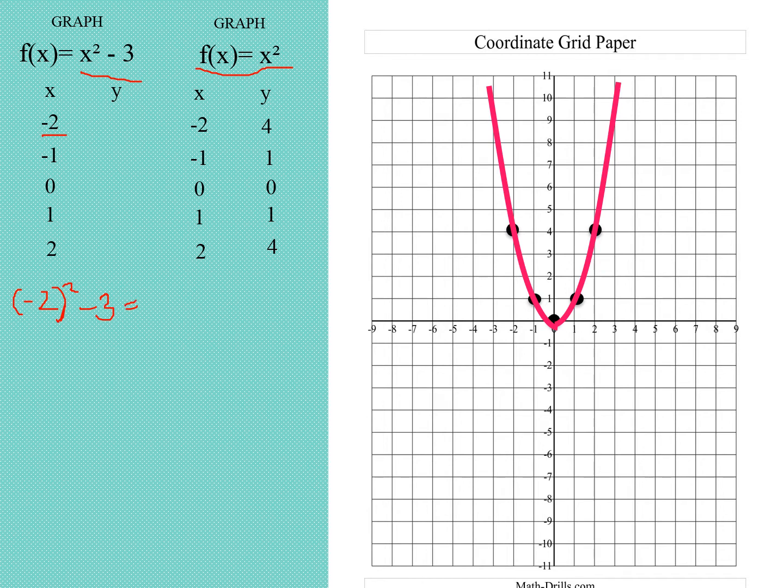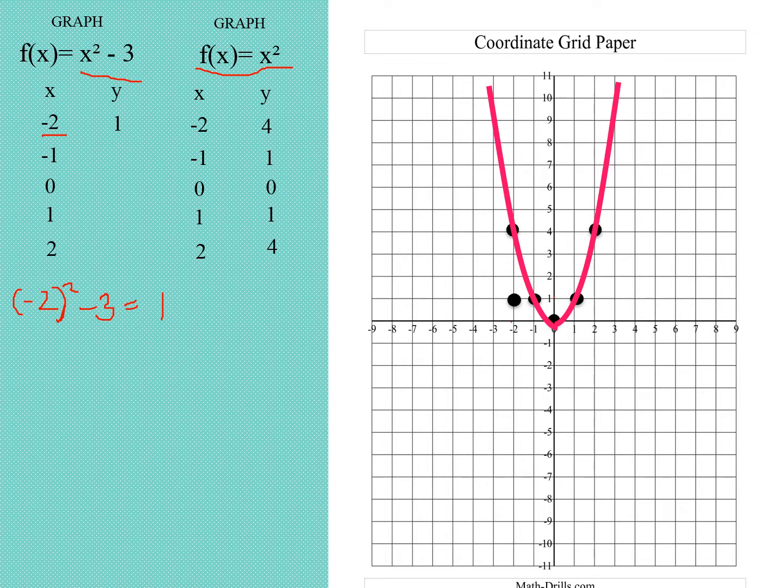Let's first do the parenthesis or exponent. So, we have negative 2 squared will be positive 4, minus 3, it will give us positive 1. So, our point is there. We have negative 2 and positive 1.